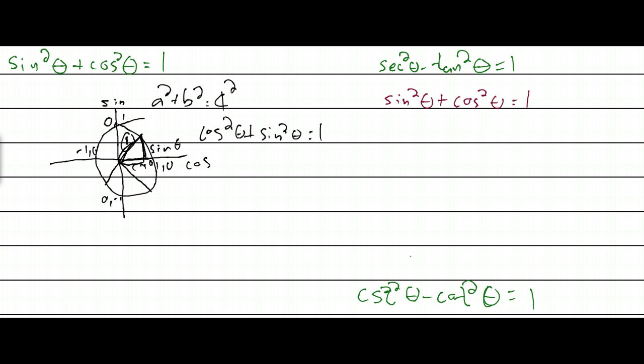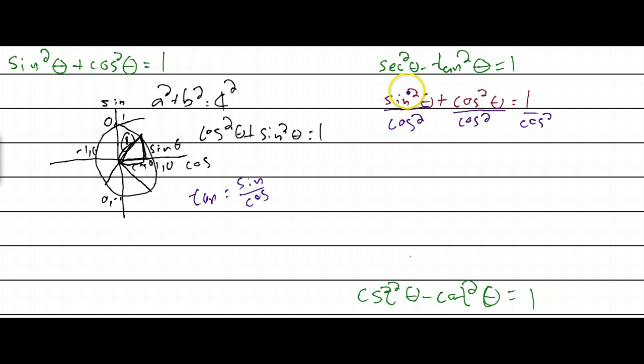So for this one, we have tangent squared, so we got to make this into a tangent. And remember, tangent is sine over cosine. So we're going to divide everything by cosine squared.